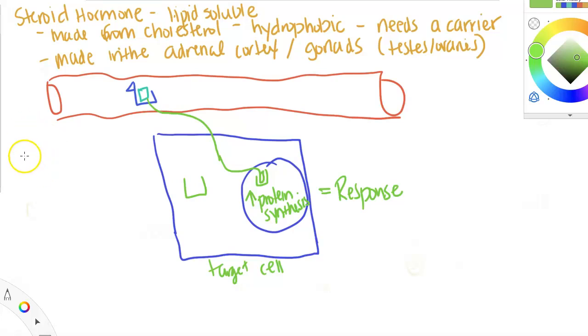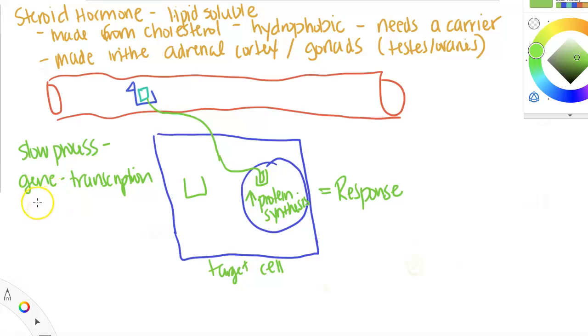So protein making is a very slow process. Remember, you have to have a gene, you have to get that gene. That gene has to be transcribed. So you have to go through transcription.